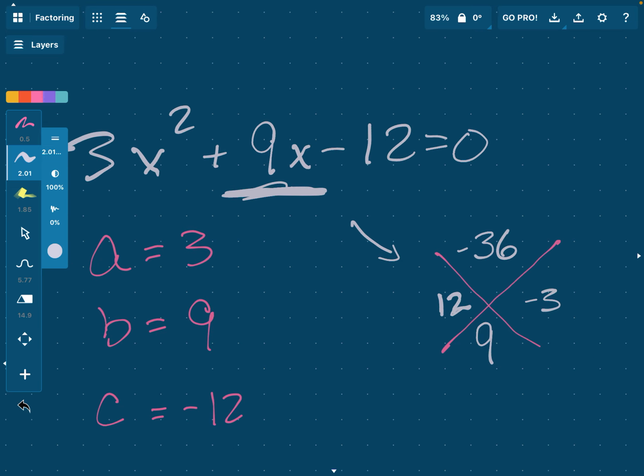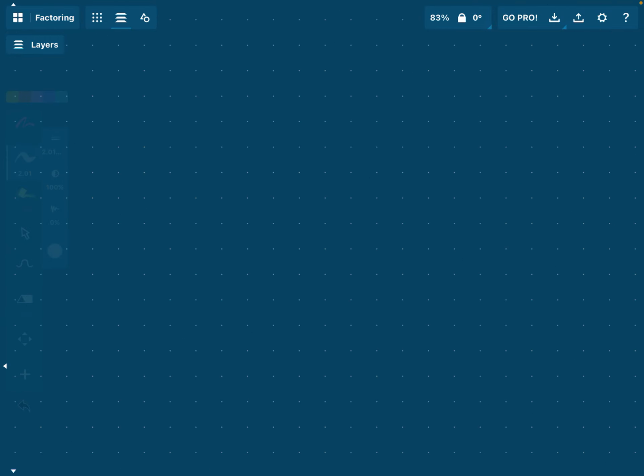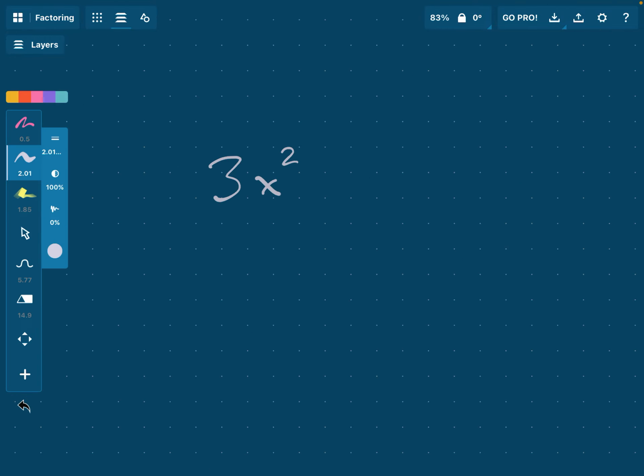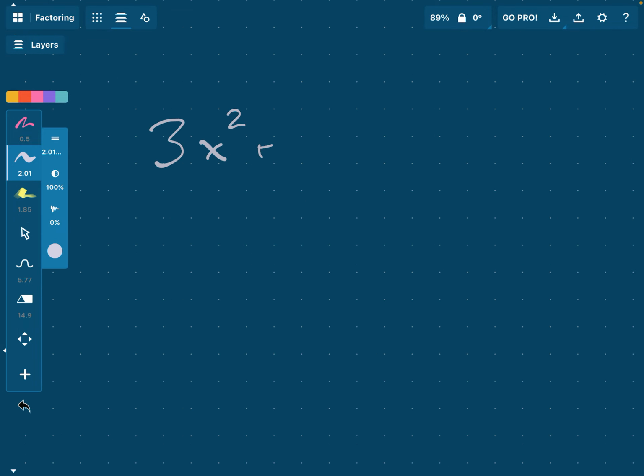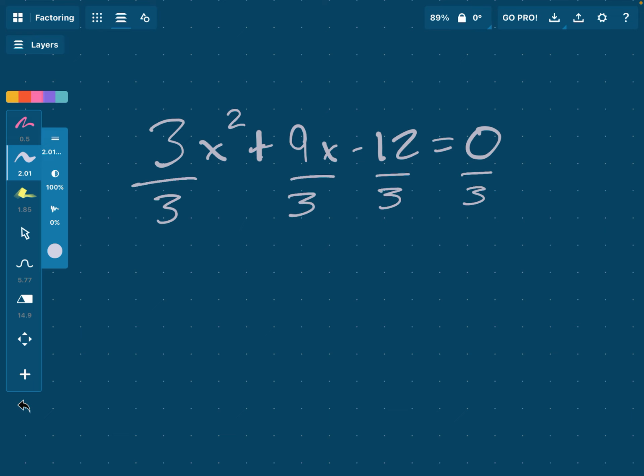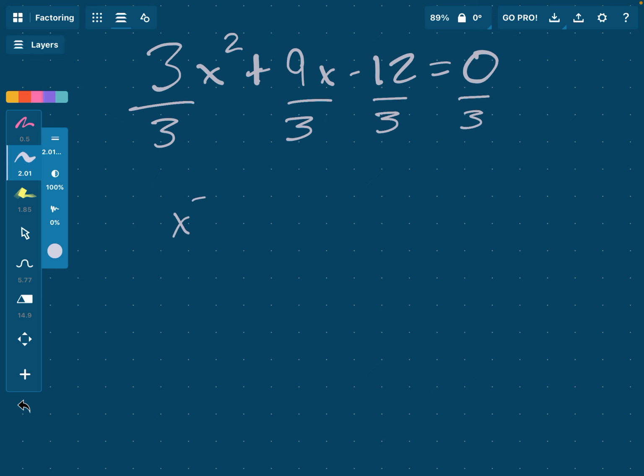So if we have 3x squared plus 9x minus 12 is equal to 0, we can take this 3 and divide each term by this 3, so that we get x squared, and again this would be a 1 in the front, but we don't care, so we're not going to show it, plus 3x minus 4 is equal to 0.